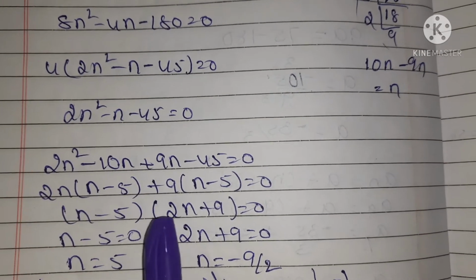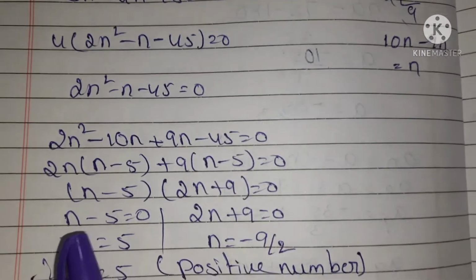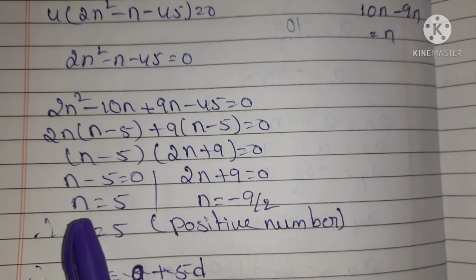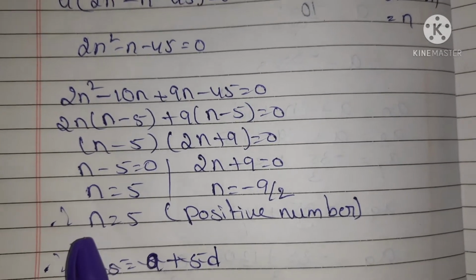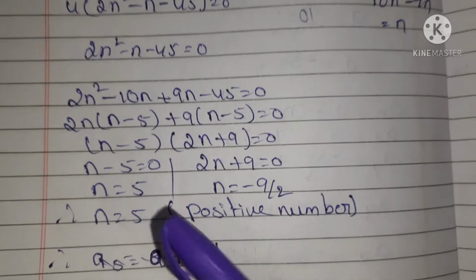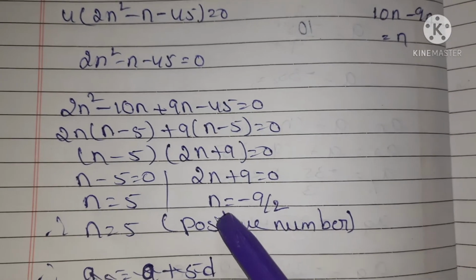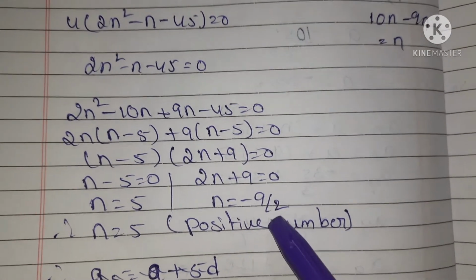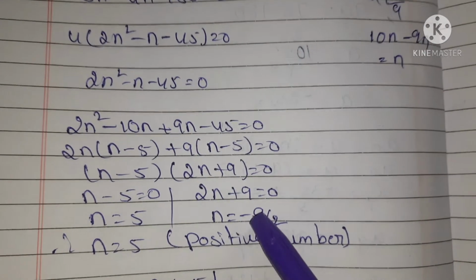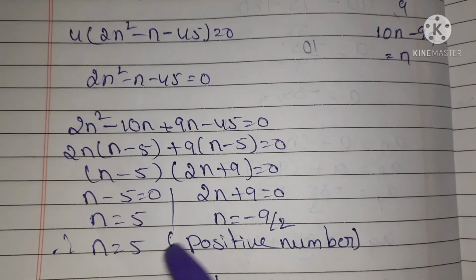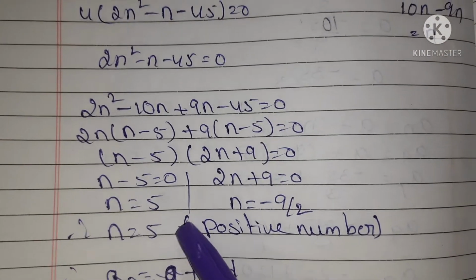Then n minus 5 into 2n plus 9 is equal to 0. Here n minus 5 is equal to 0. n is equal to minus 5 comes to this side, it will be plus 5. Therefore n is equal to 5. Now here 2n plus 9 is equal to 0. Therefore n is equal to minus 9 by 2. Now we won't consider this value, because here a positive number is 5. n is equal to 5.